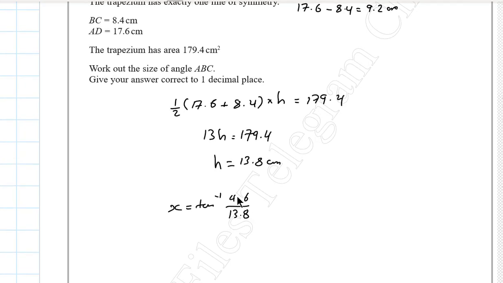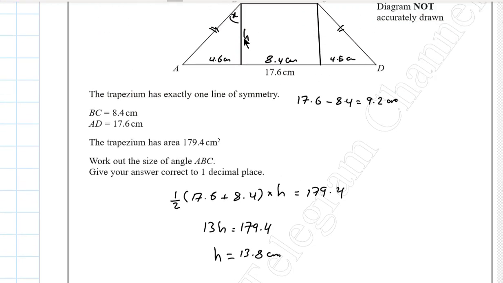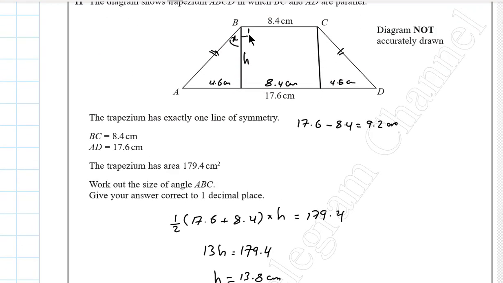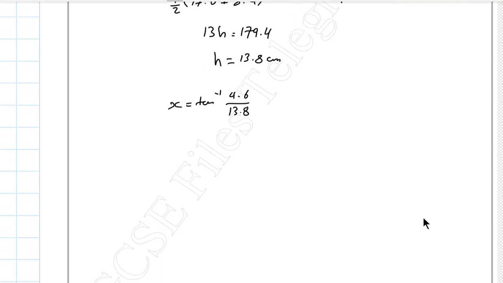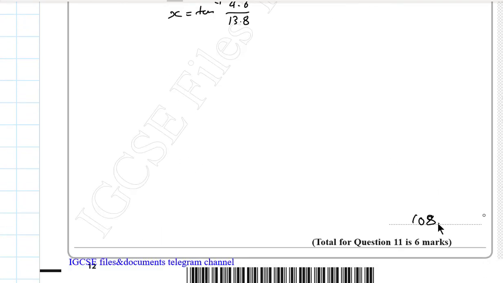After calculating it, we just add 90 here, this is 90, to get the required angle ABC. And the answer, to one decimal place, should be 108.4.